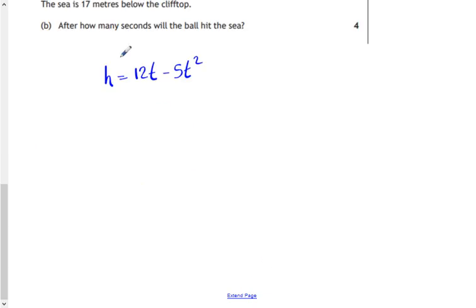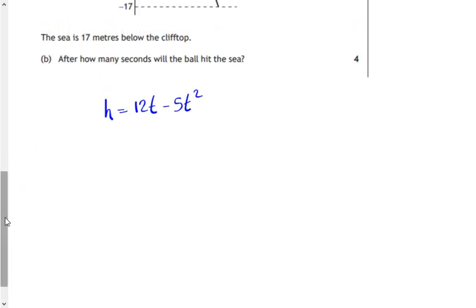So what we need to do is rearrange this for t. So I'm going to say that 12t minus 5t squared is equal to negative 17. Let's rearrange that again. I'm actually going to pull this stuff over to that side, taking that over, it becomes a plus.